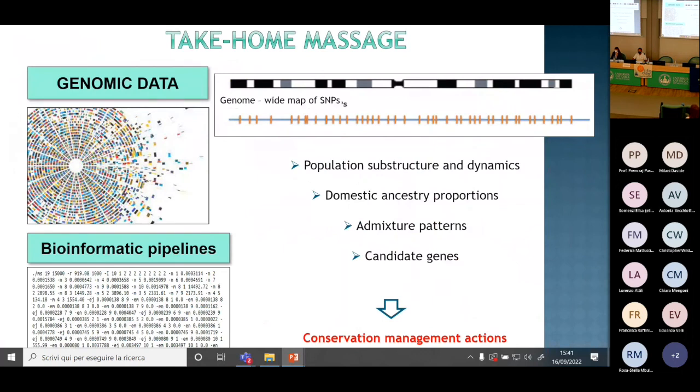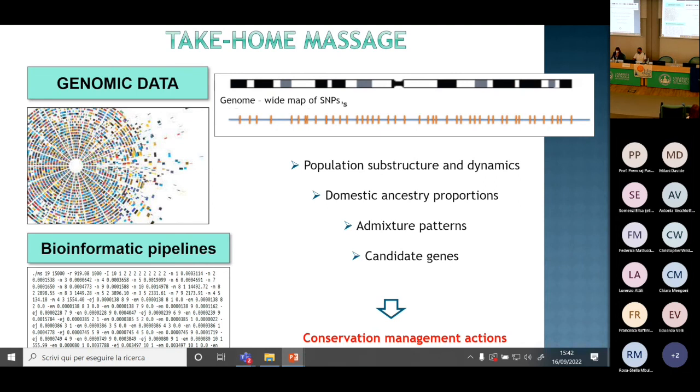So, our multi-species genomic study clearly shows that multi-level genome-wide local ancestry reconstruction methods can be successfully applied to better investigate population structure, substructure, and dynamics, but also to assess individual domestic ancestry proportions, to clarify admixture patterns, even in deeply introgressed populations, and especially to identify candidate genes or genomic regions responsible for anomalous phenotypes, potentially indicators of hybridization.